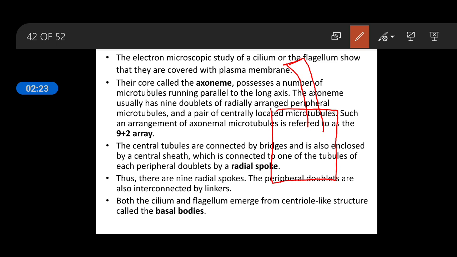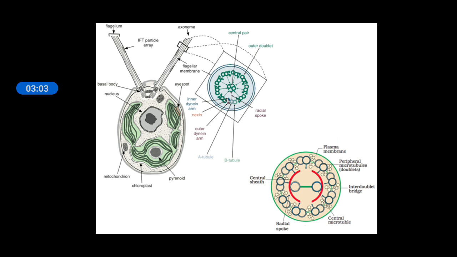This is the core part, which you have to name the axoneme, and a plasma membrane covers this axoneme all around the flagellum. Inside the axoneme the arrangement is 9 plus 2. This is an arrangement of microtubules. How it looks, you can see in this diagram.